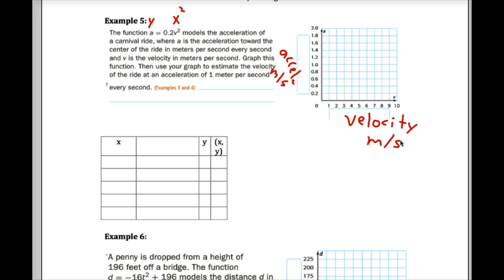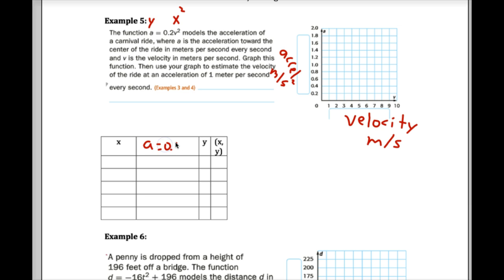Why are we only dealing with quadrant 1? How come we don't have the whole coordinate system? Because your velocity can't be negative, and your acceleration cannot be negative.